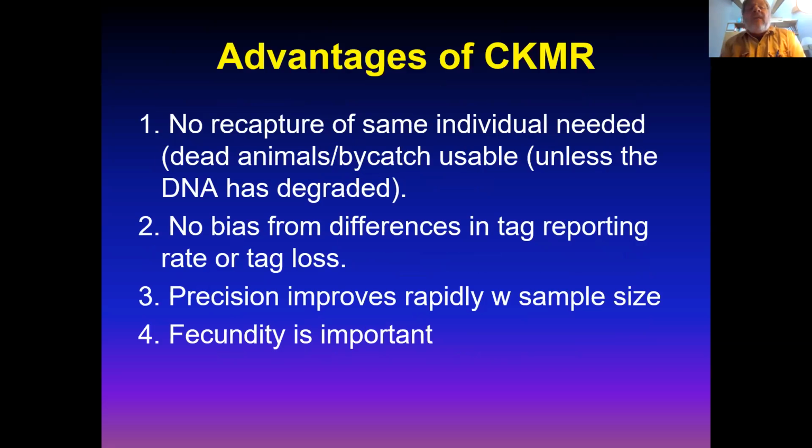The advantages are no recapture of the same individual is required. You can use dead animals from bycatch, unless the DNA has degraded; otherwise you can use it. As you can read here, there is no bias from different tag reporting or tag loss, and the precision improves rapidly with sample size. But you need to have information on size or age-specific fecundity.